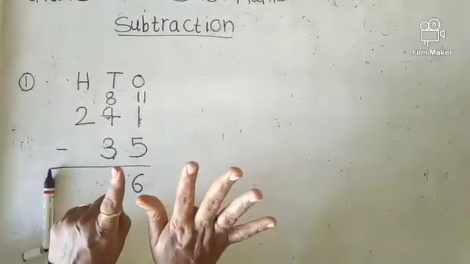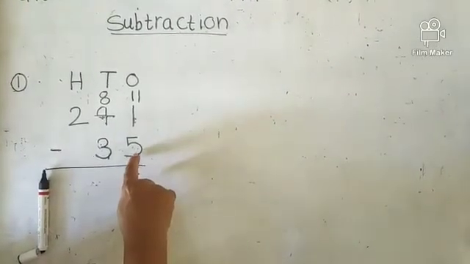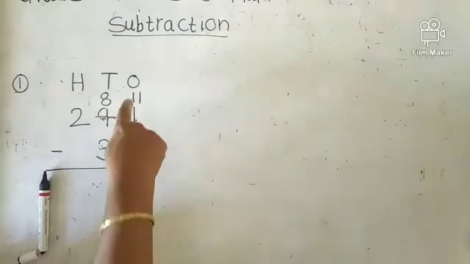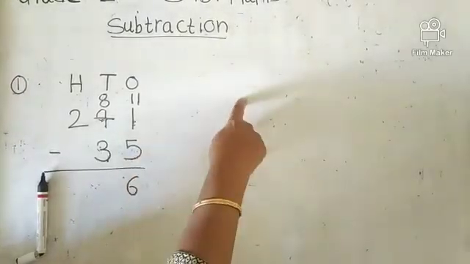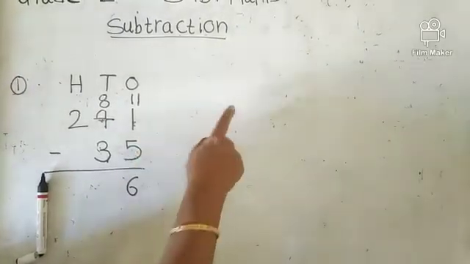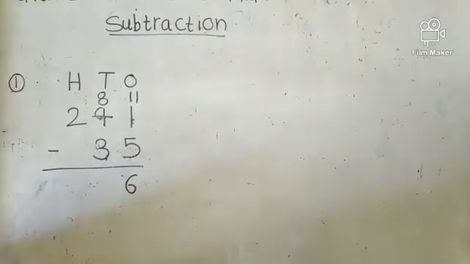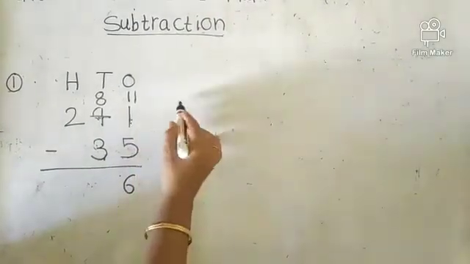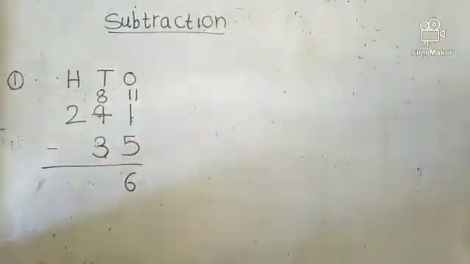How many fingers? 6. So answer is 6. This is one method. And drawing objects and then crossing out 5 is another method. If you think any method is easy for you, then you do that method.